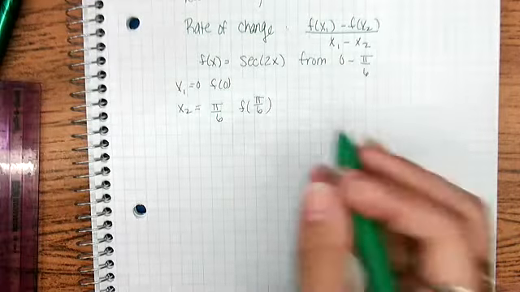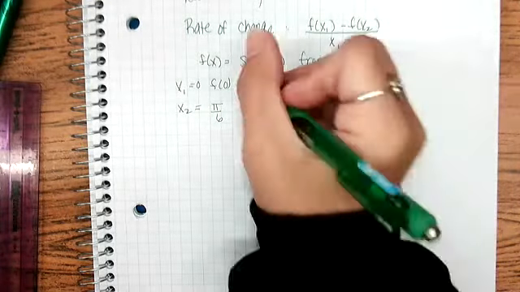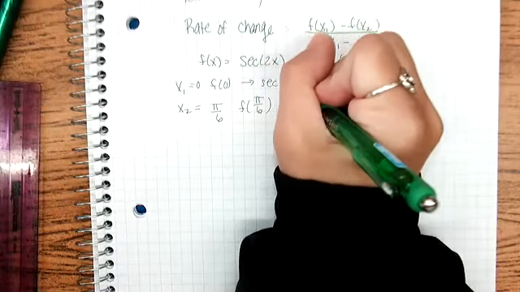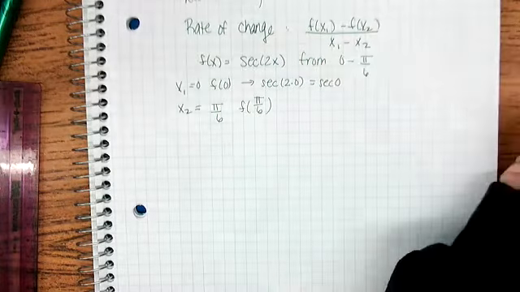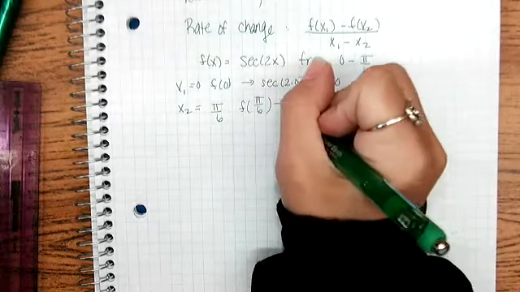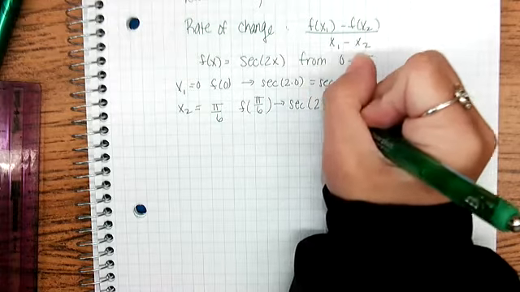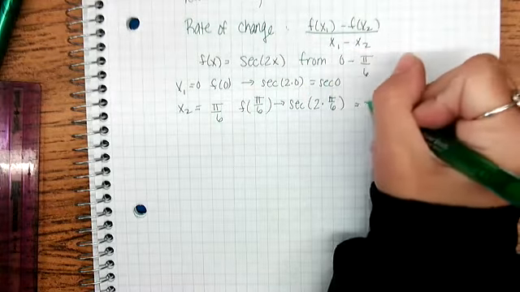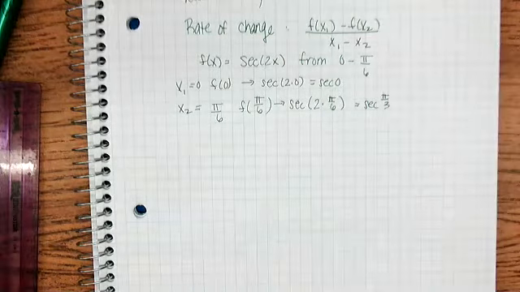So if x is 0, the f of 0 is going to be the secant of 2 times 0, which is the secant of 0. And the f of pi over 6 is going to be the secant of 2 times pi over 6, which is the secant of pi over 3.